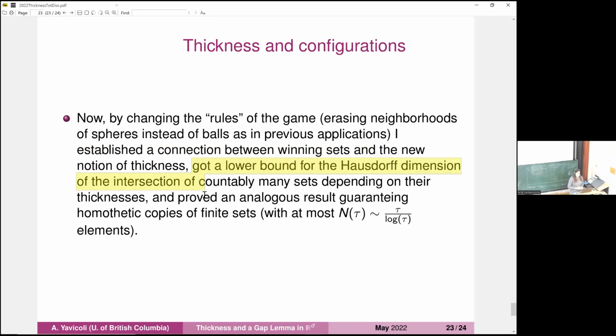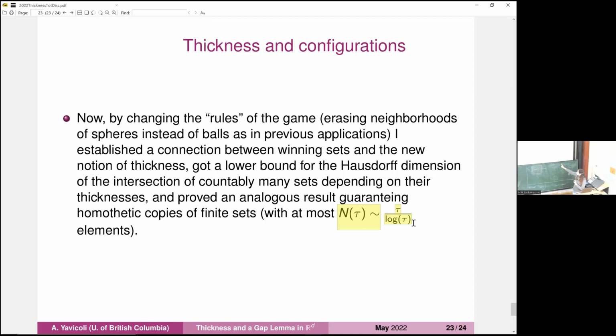I got a lower bound for the Hausdorff dimension of the intersection of countably many sets depending on their thicknesses, and also proved an analogous result guaranteeing homothetic copies of finite sets with at most this number of elements. And as a comment, I didn't forget the d there. The result is like that.